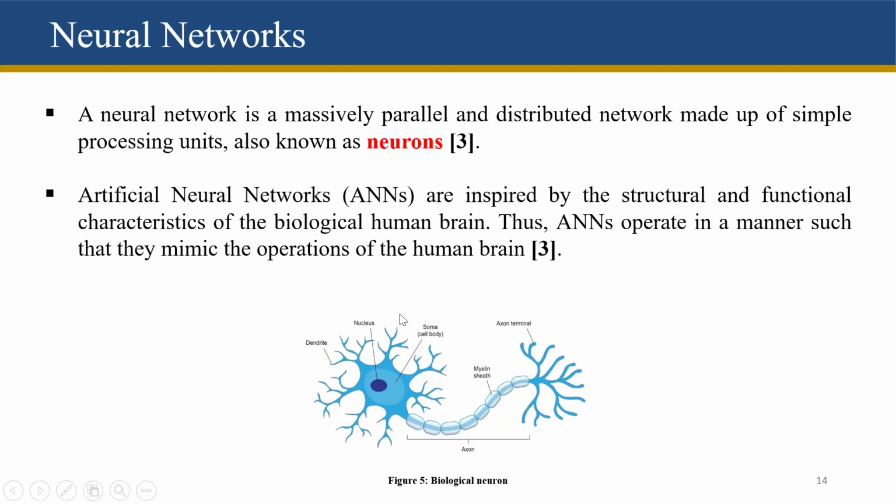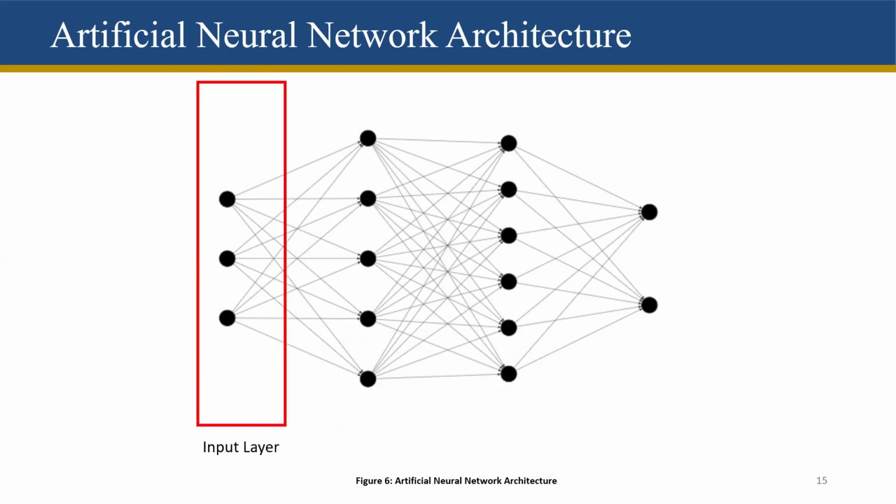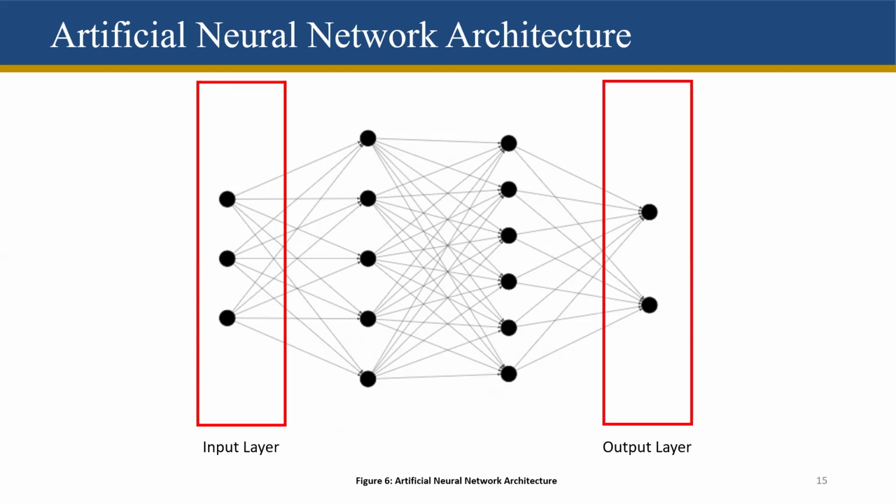So over here, this is a biological neuron, but the engineering model will look a little bit different. Now over here we have this architecture and structure. We've said this over and over again that in this particular architecture, we can have the input layer, which is definitely going to be the input, and then the output layer is going to be the output.